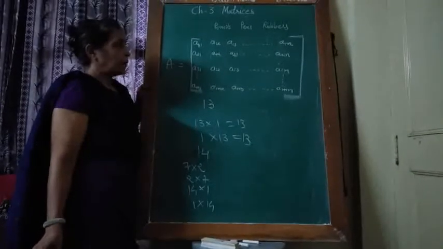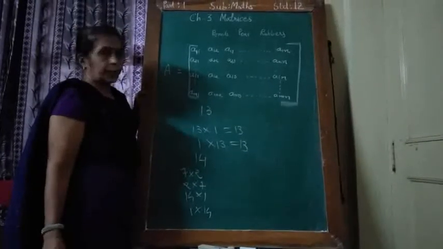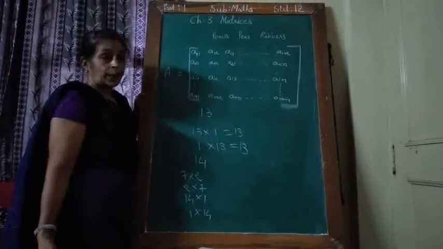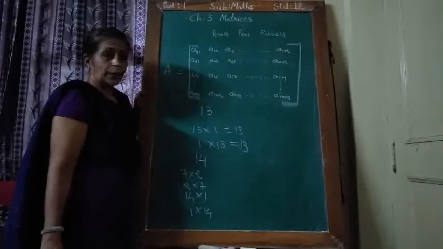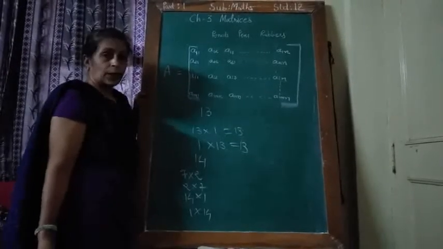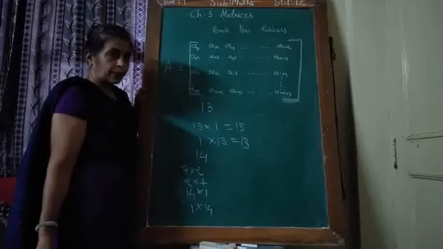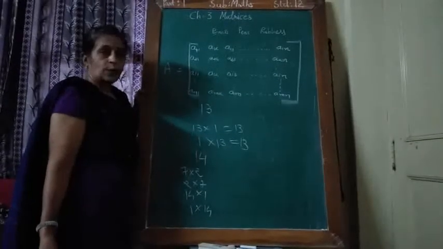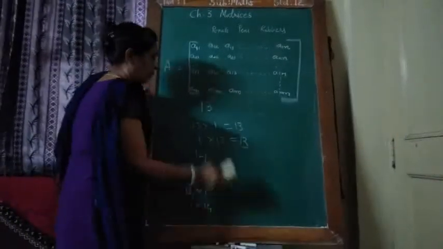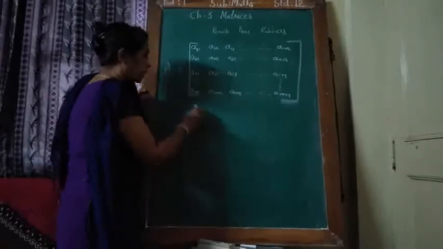So matrix is a very easy chapter, and you will see later on how equations can be solved by this matrix method. Now the equality of matrices. Two matrices are equal when you can find the values of unknown numbers. For example, suppose I say that 2 matrices are equal.